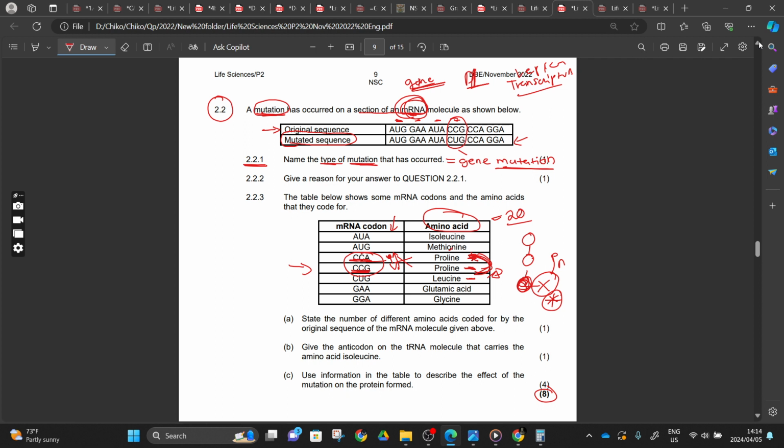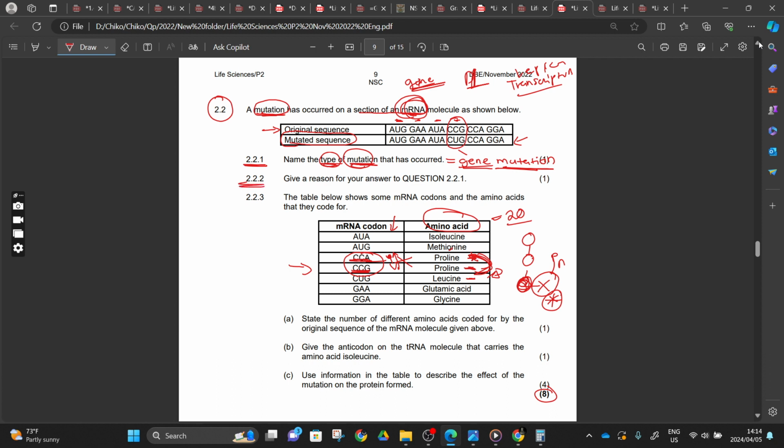Although we can say this was a point mutation, here they only want you to say this is a gene mutation because it's happening on a gene level, or it's a chromosomal mutation. When they ask you the type of mutation, they will want you to give either gene mutation or chromosomal mutation, right? I hope you understand that.